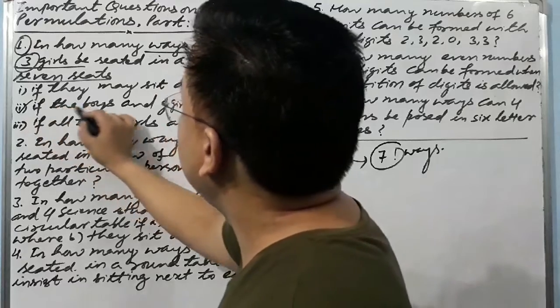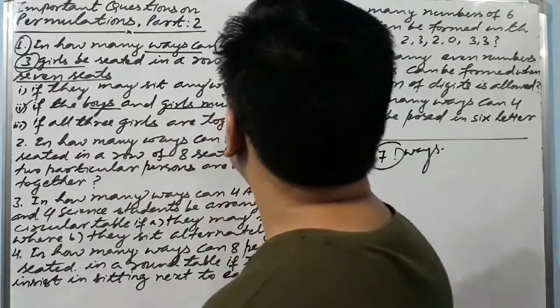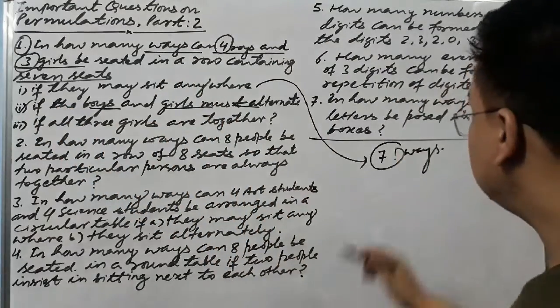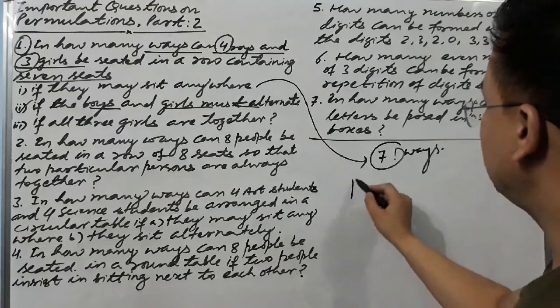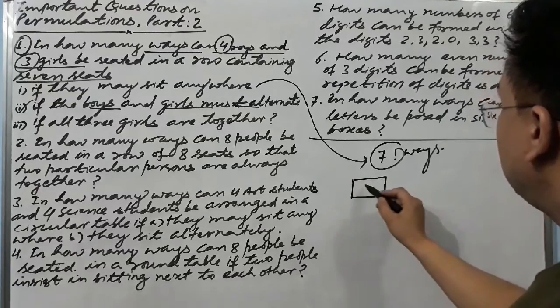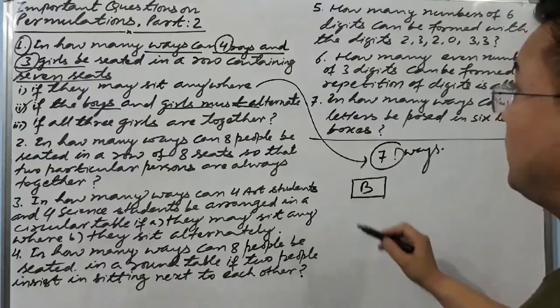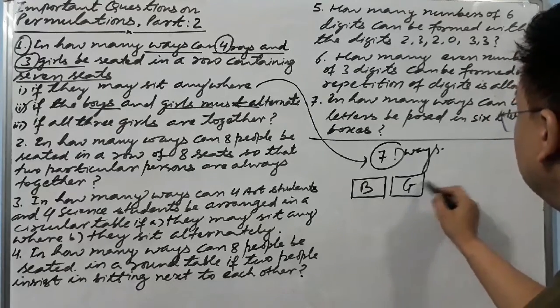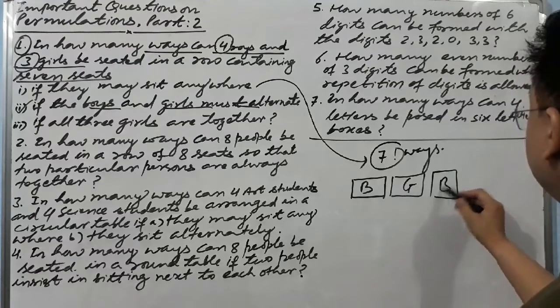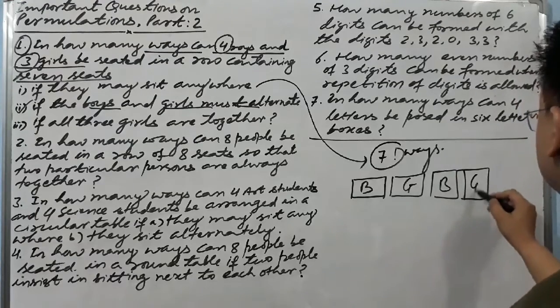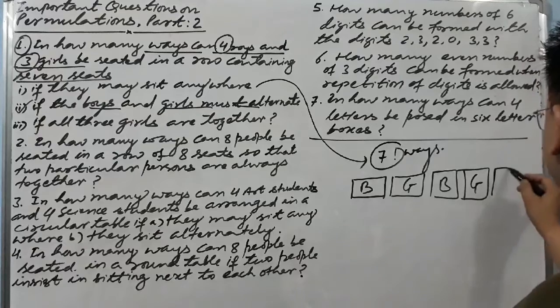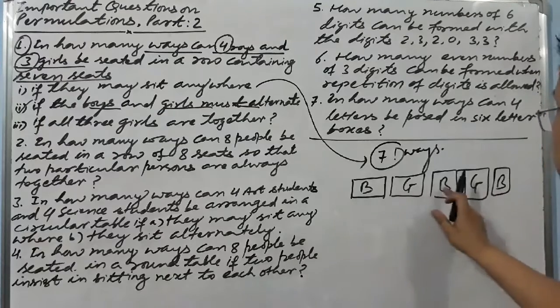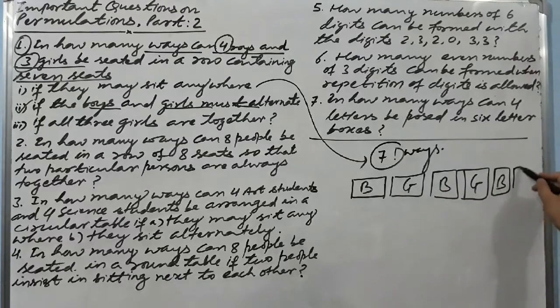Now the second part: if the boys and girls must alternate. Must alternate means like this, let me show in the diagram. Because four boys are there, let's start from the boy, then we need a girl, then a boy, then a girl, then a boy, then a girl, and then again a boy.